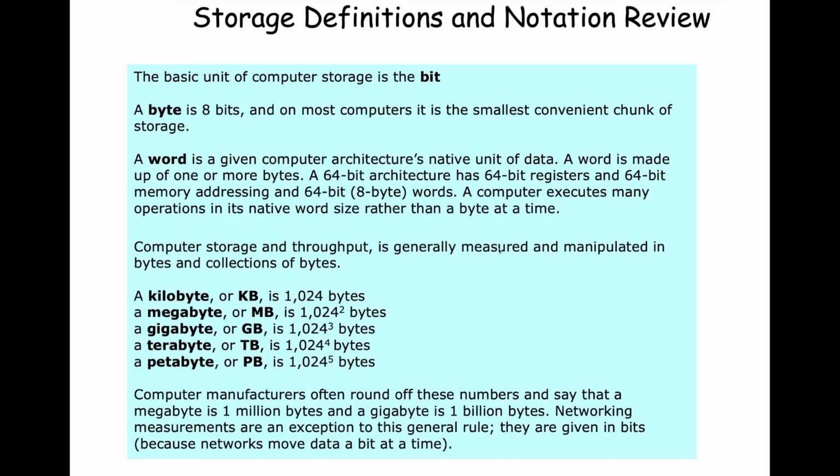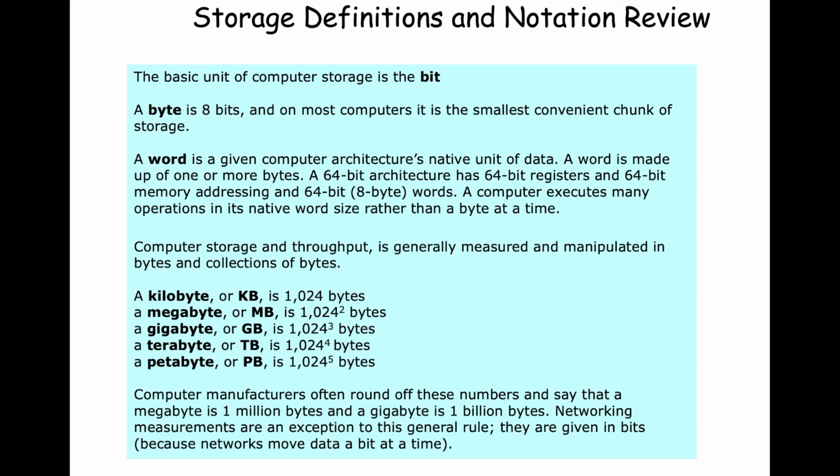Okay. Our discussion about buffer space and movement of data from buffer space to memory motivates a discussion on storage in general. Before we do that, we'll begin with some definitions and notations and a little bit of a review. The basic unit of computer storage is the bit, and the bit is either a 0 or 1. It's a number in base 2.